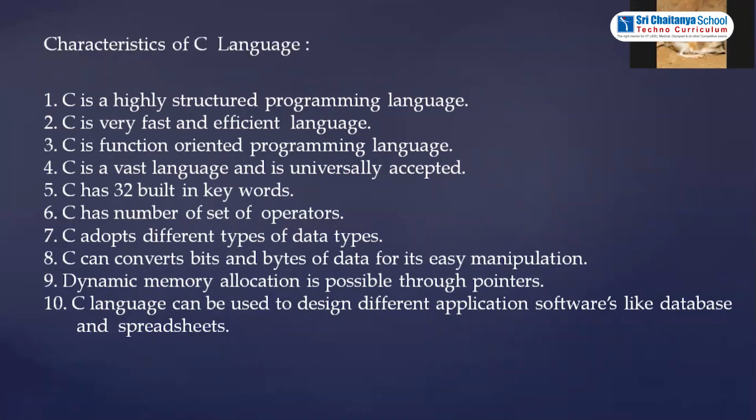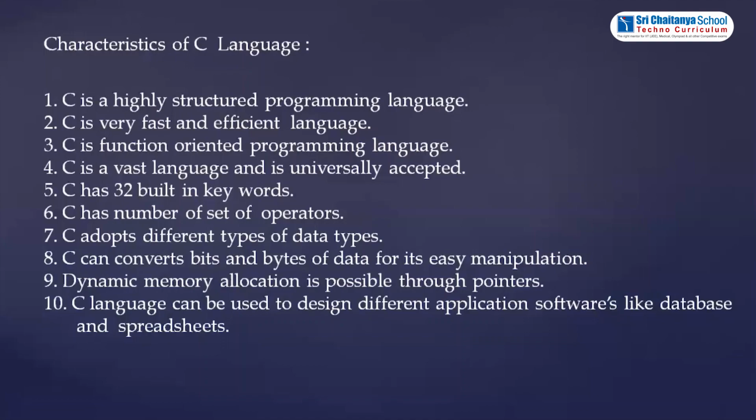Otherwise, my compiler will not be able to understand the structure of the program, and there can be an error. Also, C language is considered to be one of the fastest and most efficient high-level languages. Because, as I told you, the compiler behind C language is considered to be a fast translator, and it will be able to give you the results in just a second.